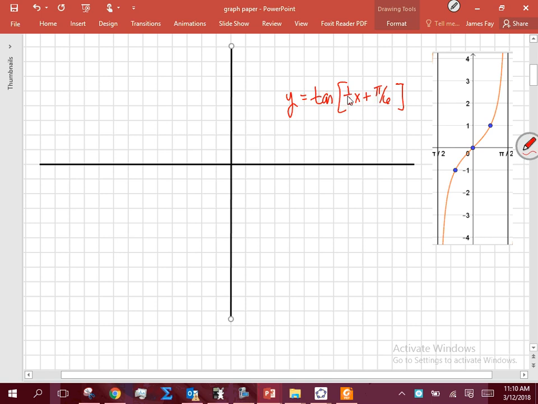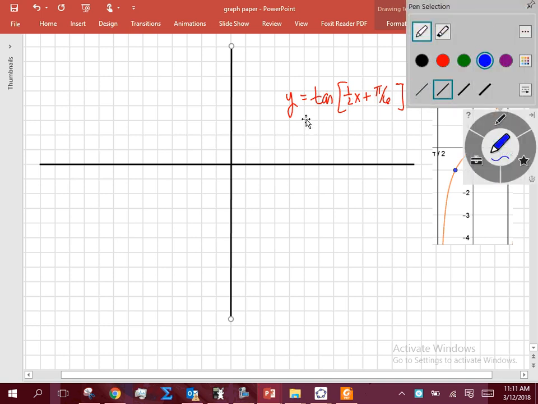We don't like that coefficient to be different than 1, because when it's different than 1, it tells us that this horizontal movement is not accurate. So what we want to do is a little bit of work with that and factor that 1/2 out. So if I factor that 1/2 out, we get y is equal to tangent.